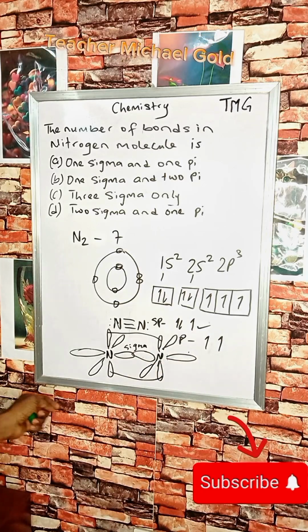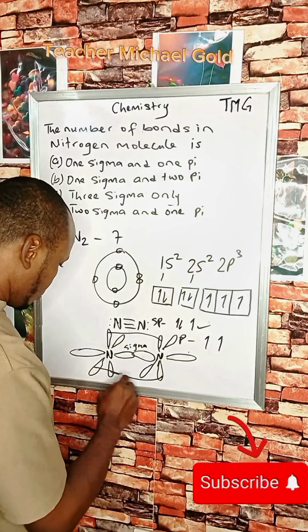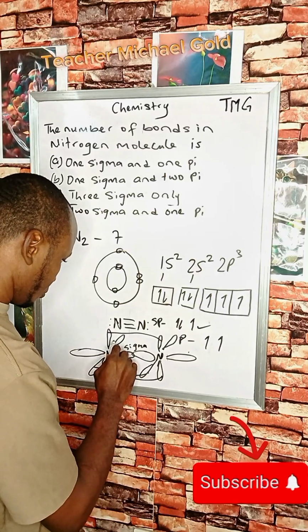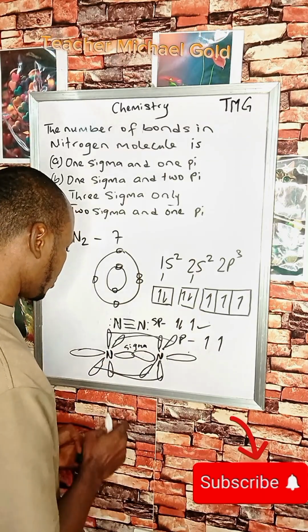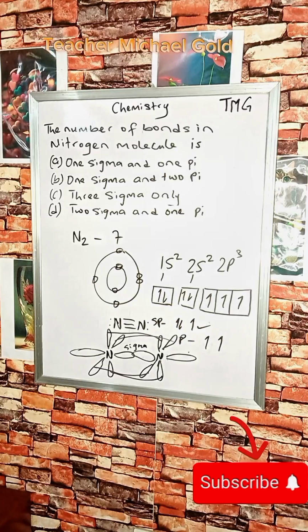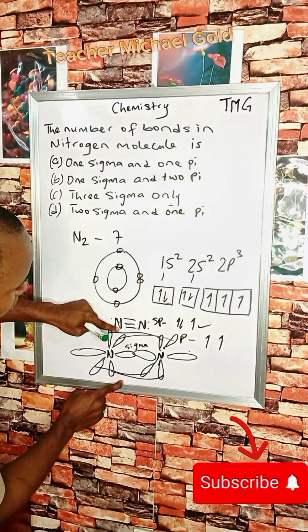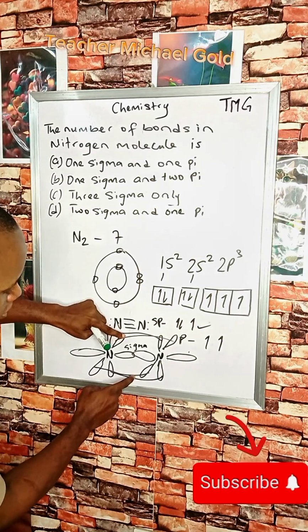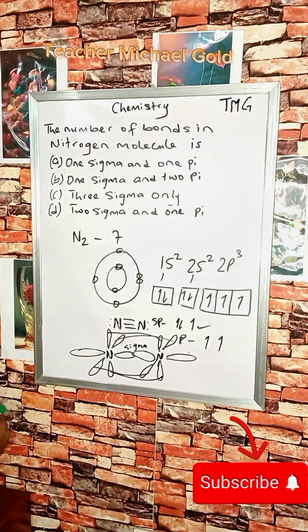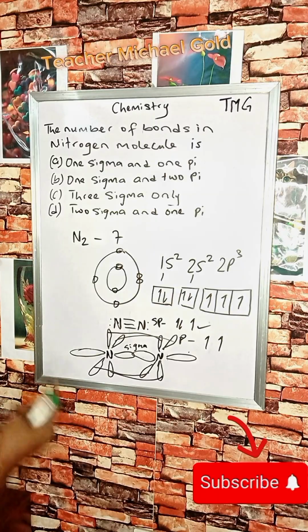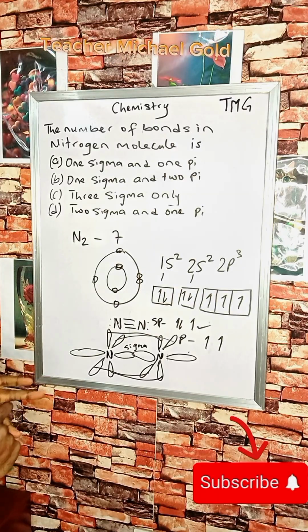When that happens, they will also overlap. So the first one is one pi bond, and the second one is another pi bond, which makes up that nitrogen has two pi bonds and one sigma bond.